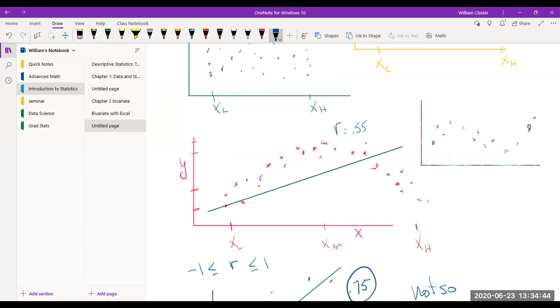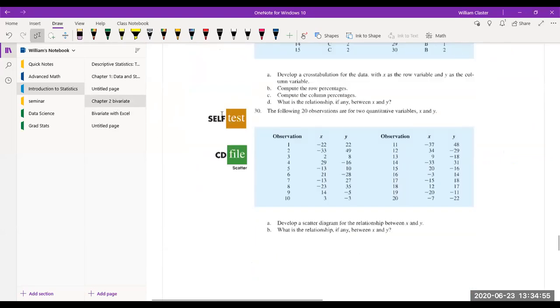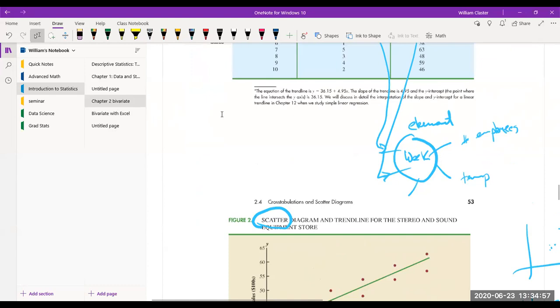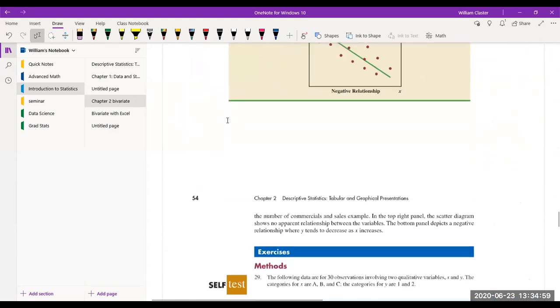So what did we talk about today? We talked about bivariate data. Remember this? So what does bivariate data mean?